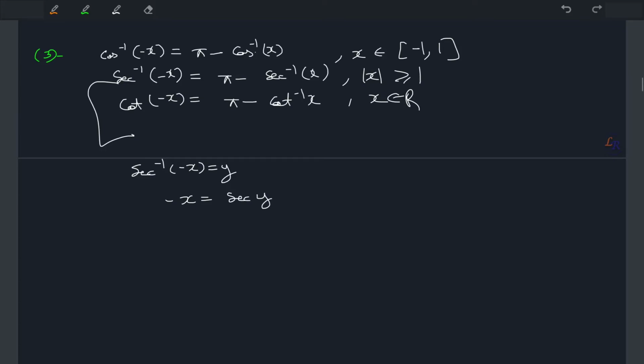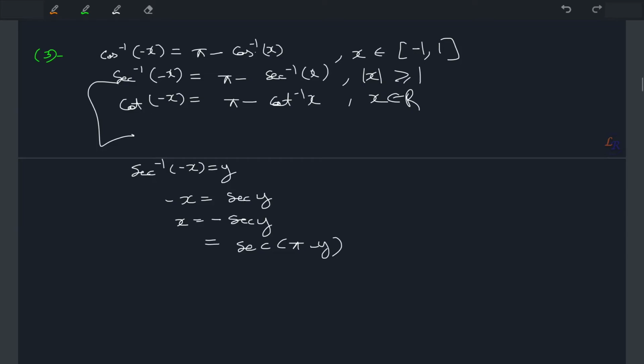You can easily write x is equal to minus sec y, and then you know that sec of pi minus y is equal to minus sec y, that property from the trigonometric functions we are utilizing here.